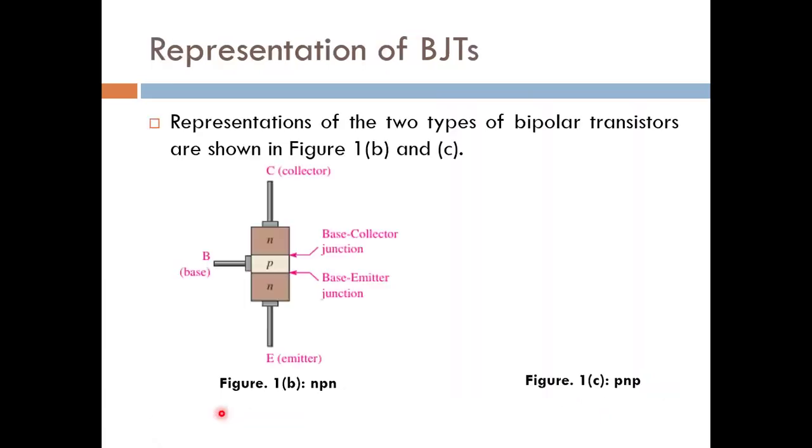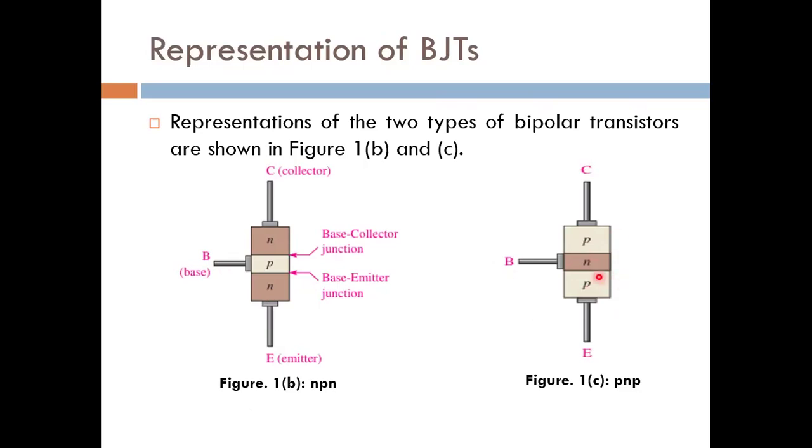These two types, either NPN or PNP, we can understand in this way: this is a PN junction in between base and collector, and again this is a PN junction in between base and emitter. Similarly, in this arrangement, there is a PN junction between base and collector.